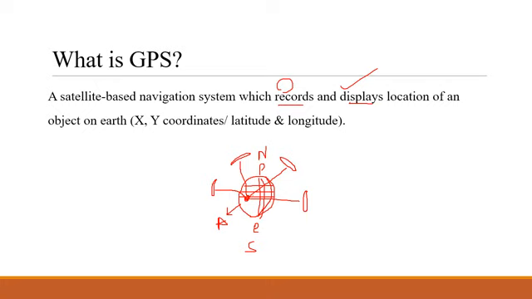For example, this object is lying here, so it is recorded. And also, with the help of this system, it can be displayed. For example, where someone is staying, where the object is located.